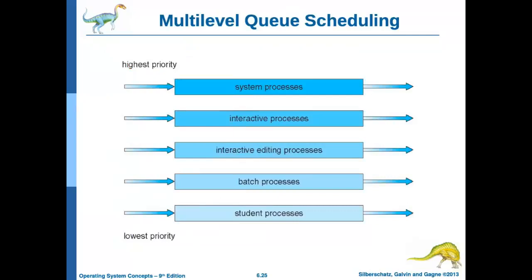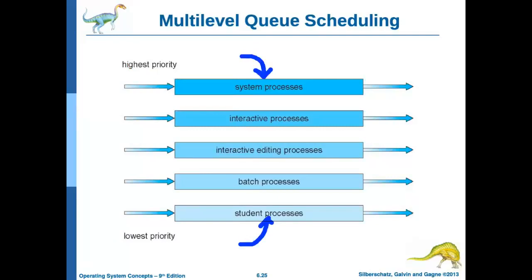For example, there are 5 queues. The highest priority queue holds all the system processes, and the lowest one may be like student processes.